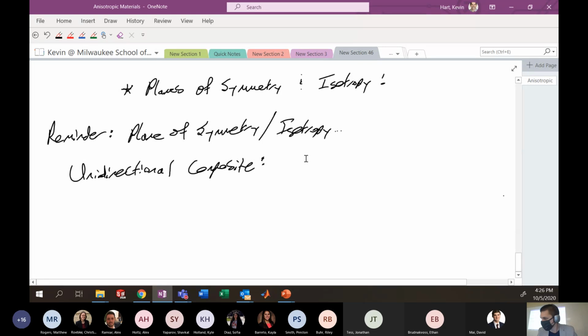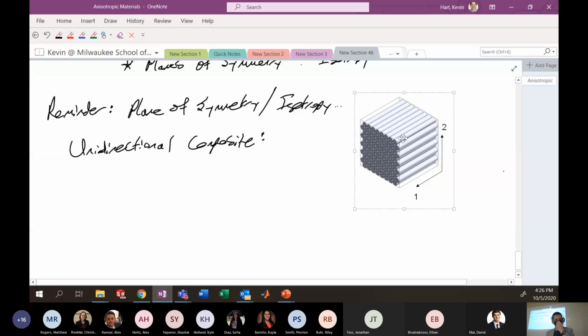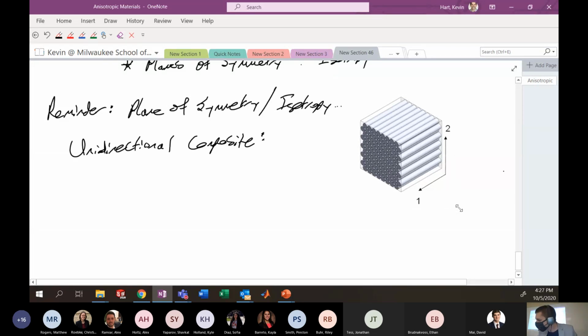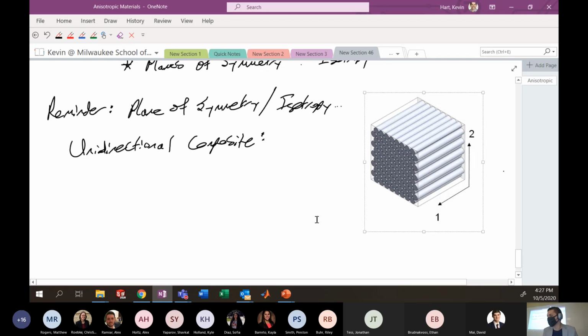Should look something like that. All right. So this is kind of the picture you should have in your head for a generally isotropic material. All these fibers just running in this one direction.